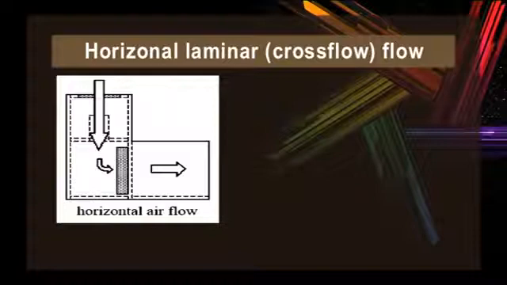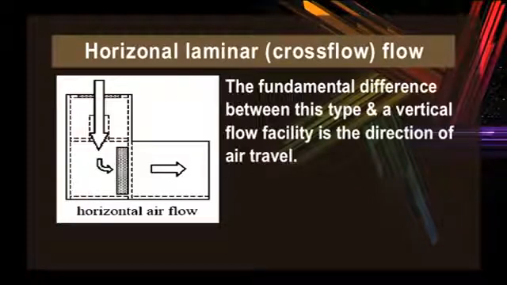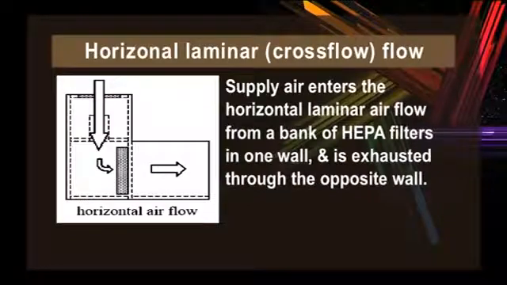Horizontal laminar airflow. The fundamental difference between this type and a vertical flow facility is the direction of air travel. Supply air enters the horizontal laminar airflow from a bank of HEPA filters in one wall and is exhausted through the opposite wall.